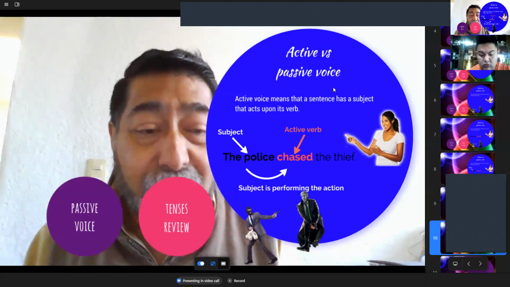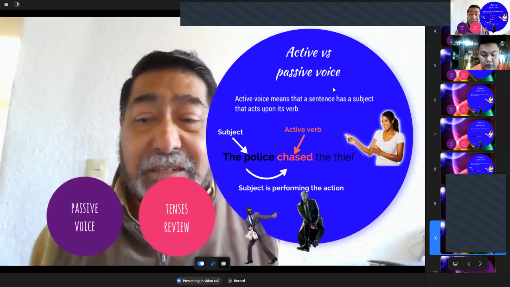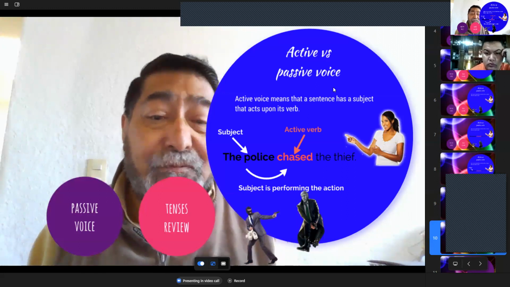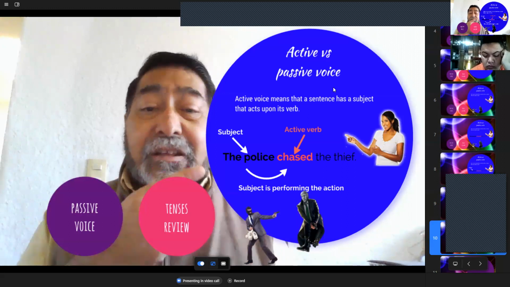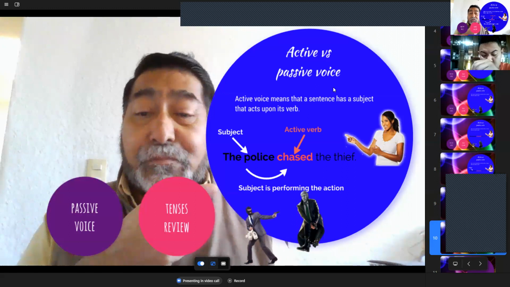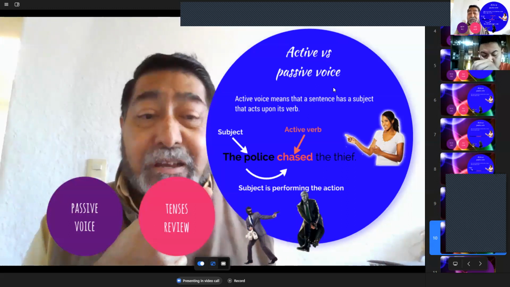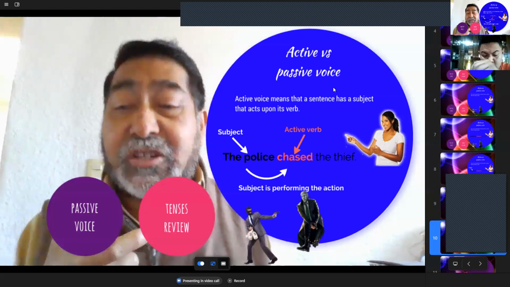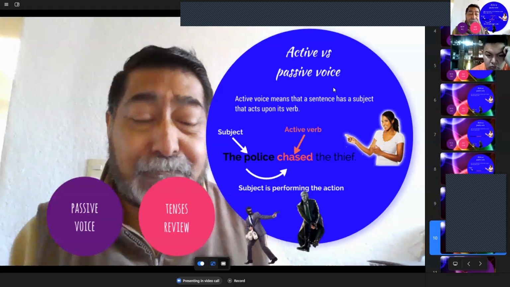Now, if I want to use this idea in passive voice, I have to invert the order. The thief is the object of my idea, the receiver of the action.